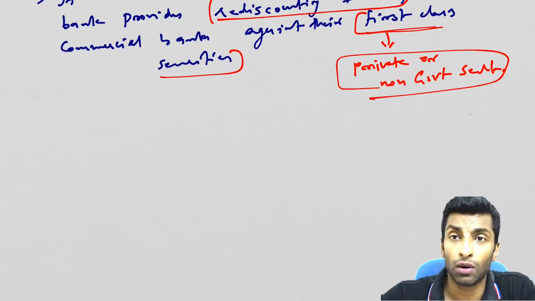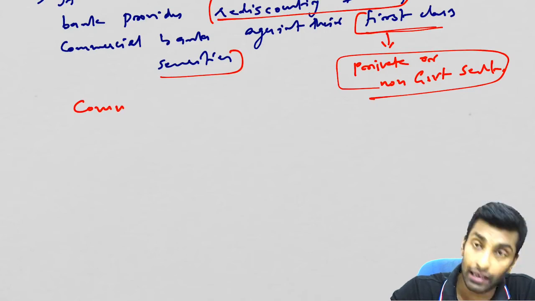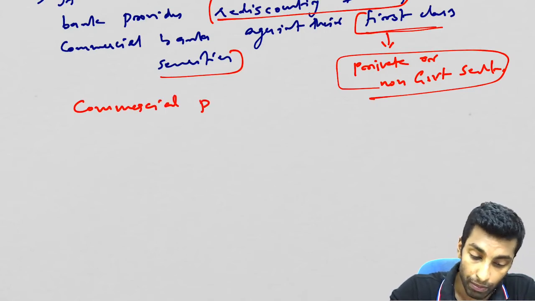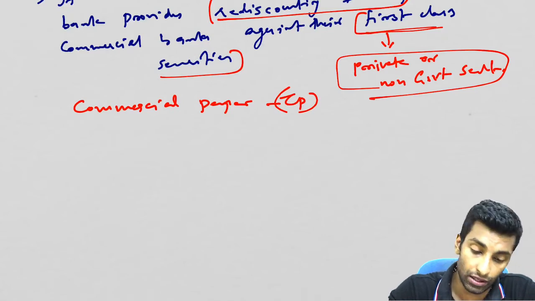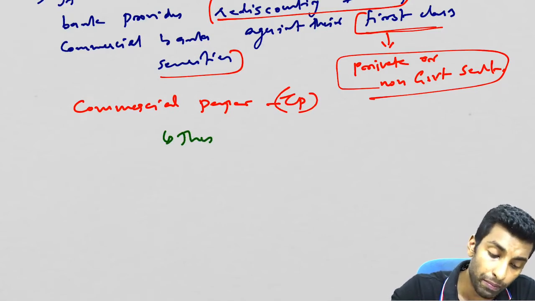Now what are the examples? Commercial paper is an example, commercial bill is an example. Commercial paper, commercial bill, etc. What is commercial paper?